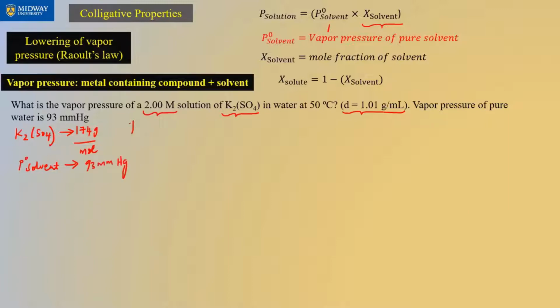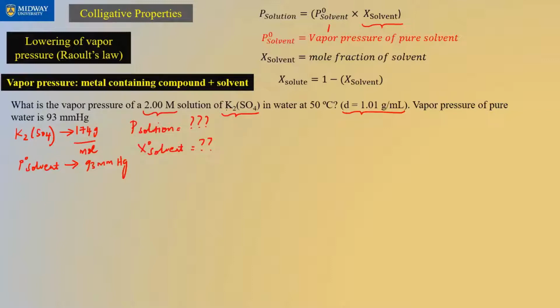So we're trying to solve for the vapor pressure of the solution, this is our ultimate need, but then we also have to figure out this, and that's not going to come very easy because we've not learned this particular technique.